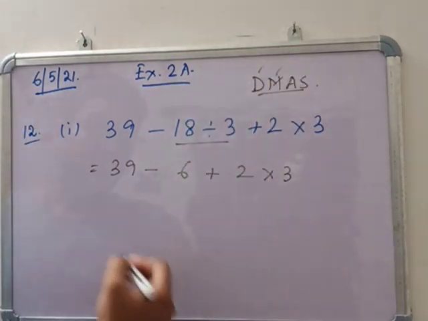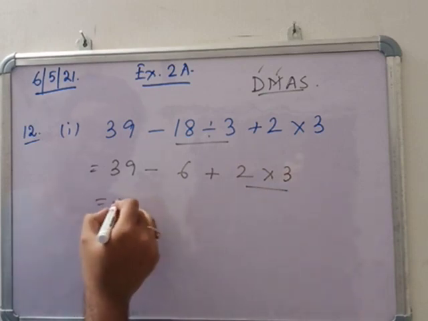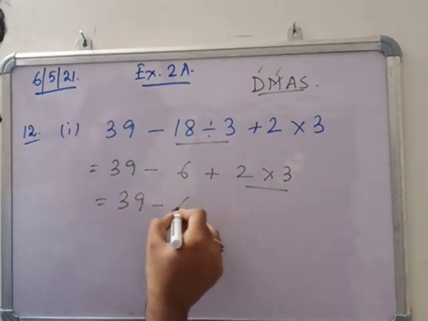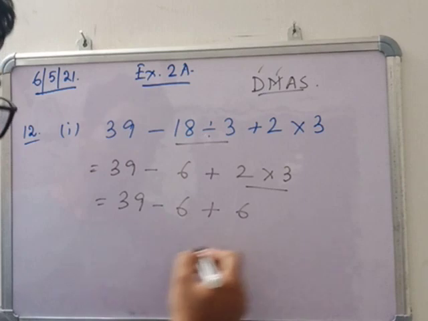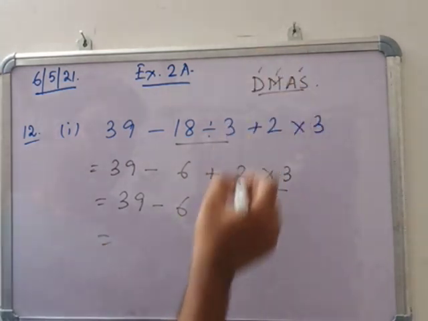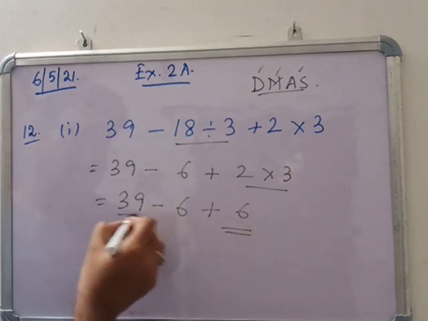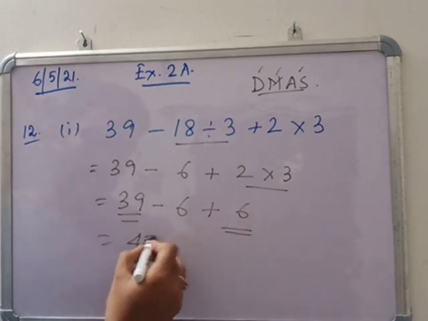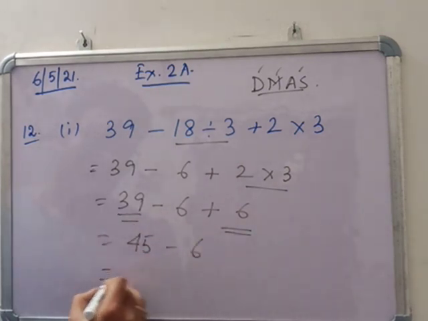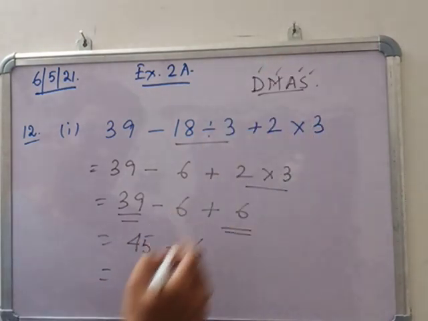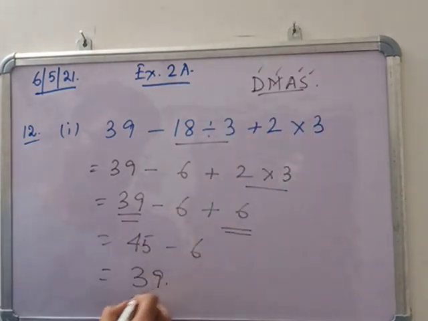Then multiplication, that means 39 minus 6 plus 6. Now addition: the two numbers are positive, so 45 minus 6, and the last one, subtraction, gives 39. This is the process for doing simplification, the DMAS rule. Follow the process properly.